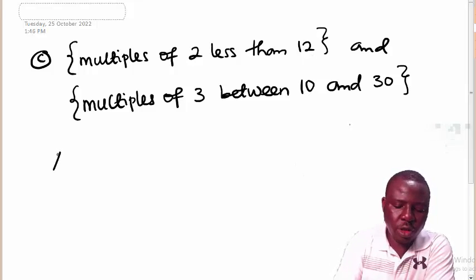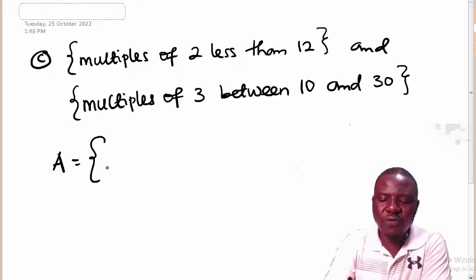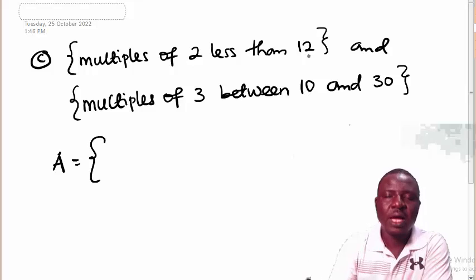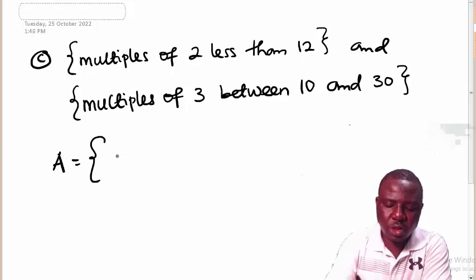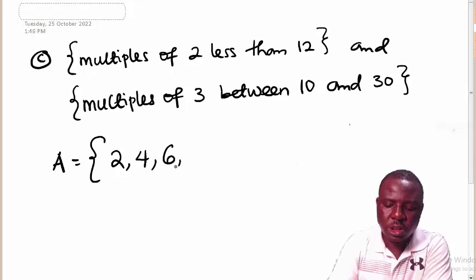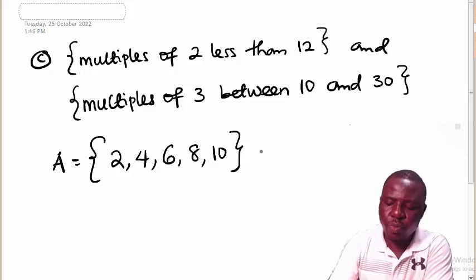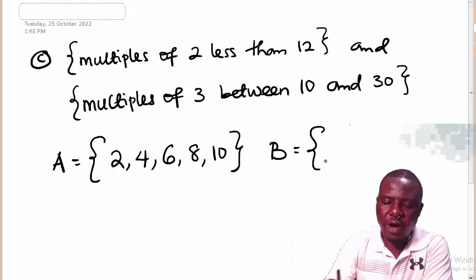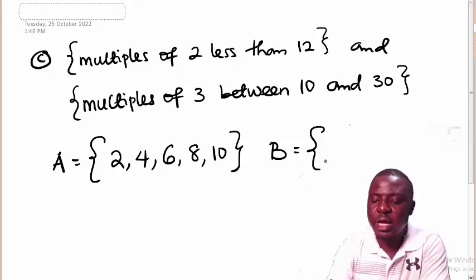So all you need to do is to first of all write out the elements in set A, which is defined as multiples of 2 less than 12, and the multiples of 2 less than 12 include 2, 4, 6, 8, and 10. While set B is also defined as multiples of 3 between 10 and 30.